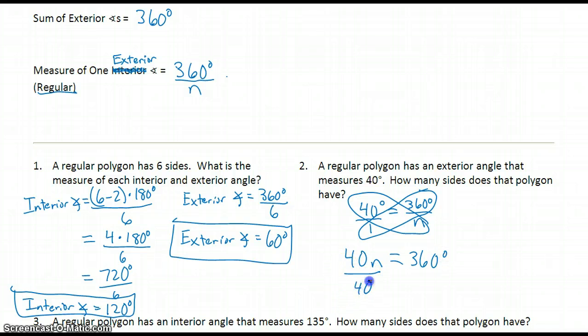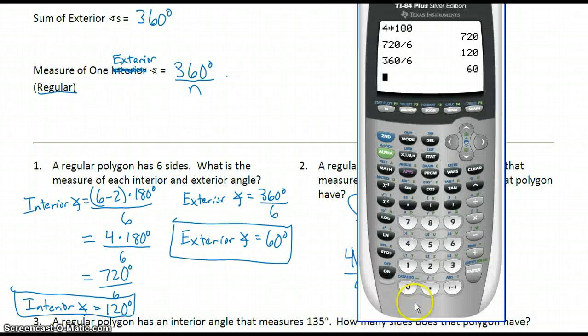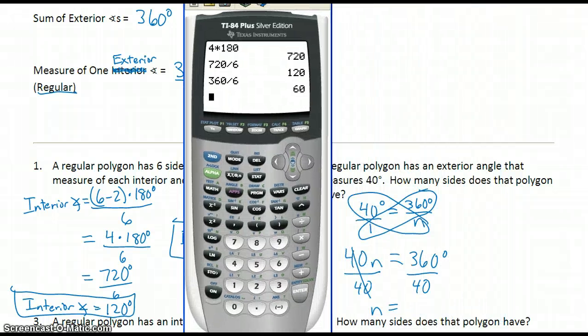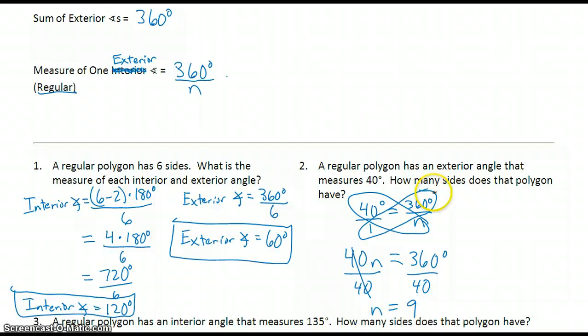Divide both sides by 40. 40 and 40 cancel. I get n equals 9. So the number of sides for this polygon is 9.